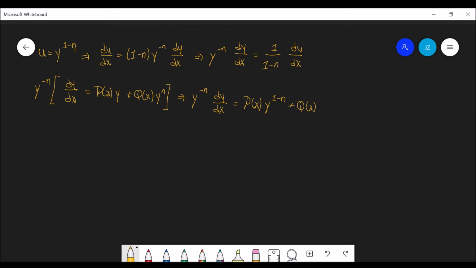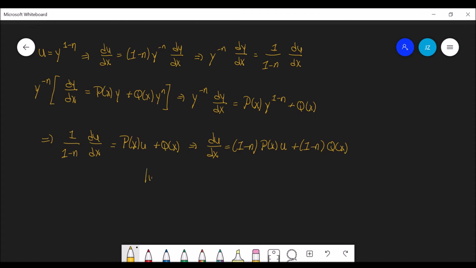Now if we do the substitutions, this will give us 1 over (1 minus n) times du/dx is equal to p(x) times u plus q(x), which means that du/dx is equal to (1 minus n) times p(x) u plus (1 minus n) times q(x). And we can see that this is linear in u.